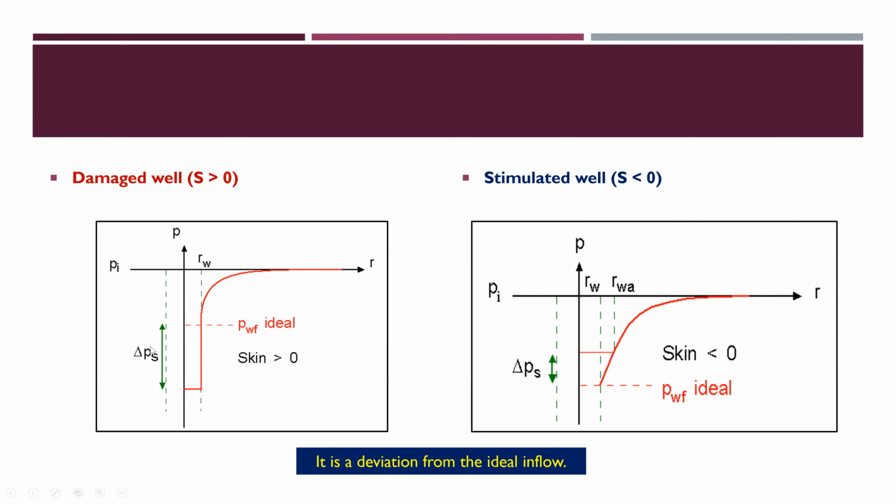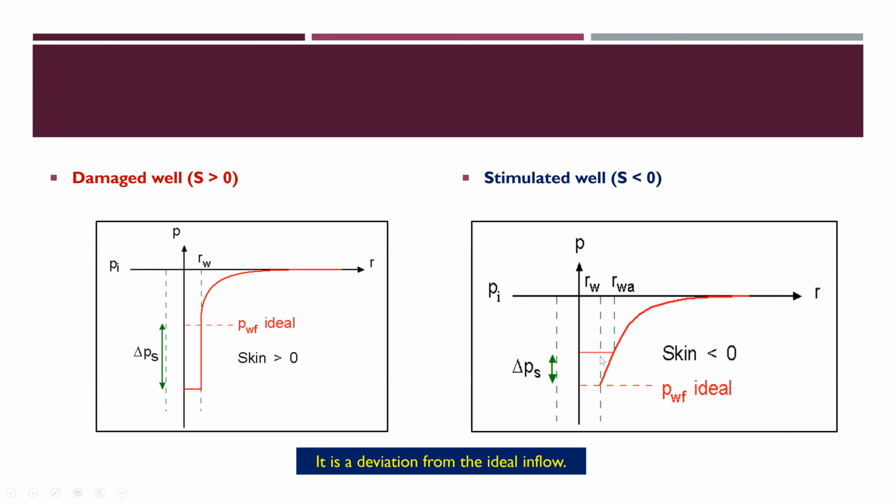So we are not producing at the real potentiality of the well. On the other hand, with delta p on the top, the bottom hole flowing pressure is less than the real one. And this can be equivalent to a bigger wellbore radius. Imagine that the wellbore radius is greater than r_w.